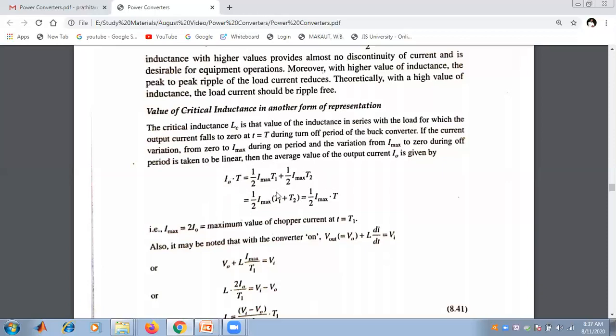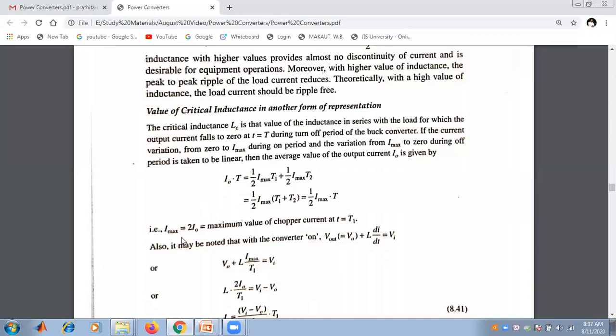The average value of the output current is I0 equal to half of Imax T1 plus half of Imax T2, that is half of Imax into T1 plus T2, or half of Imax T.